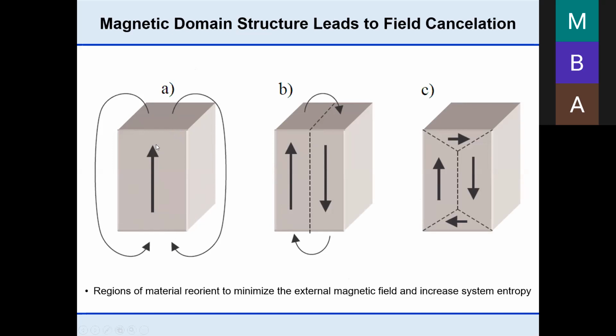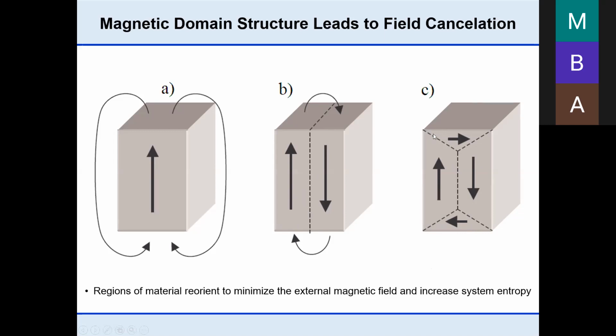In the case of A, we have a single domain where we have maximal external magnetic field. But when we divide this domain into two domains of opposite polarity, we can lower that magnetic field, however not quench it completely. But when we subdivide further, we completely quench the external magnetic field of the material.